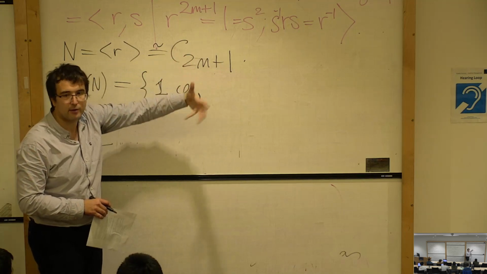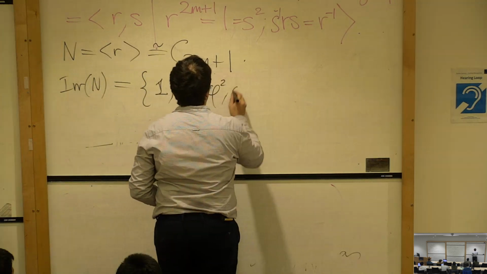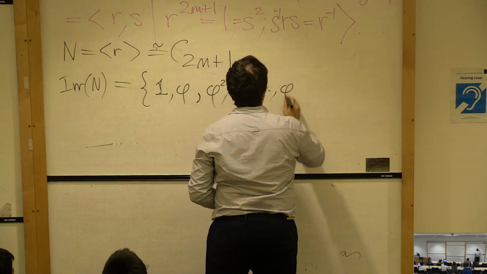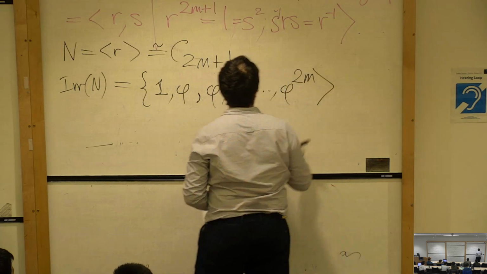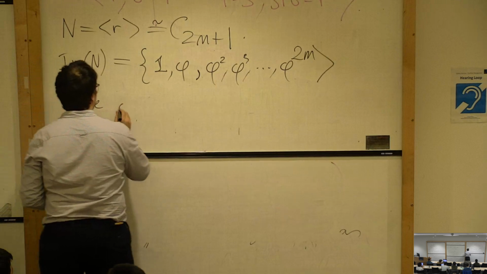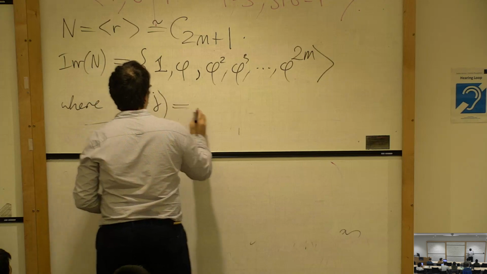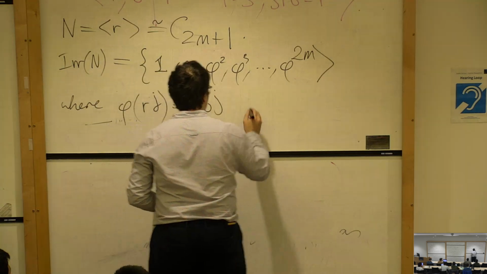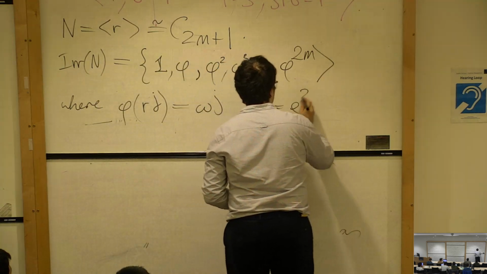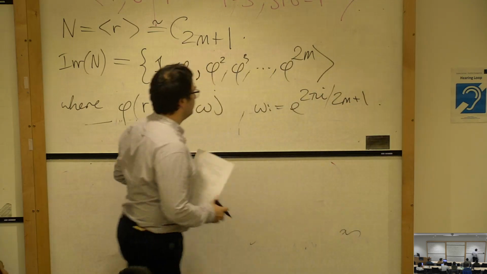And then all the characters are powers of this guy, calling it phi. Phi of R^j is omega to the j. Omega is e to the 2 pi i over 2m plus 1.